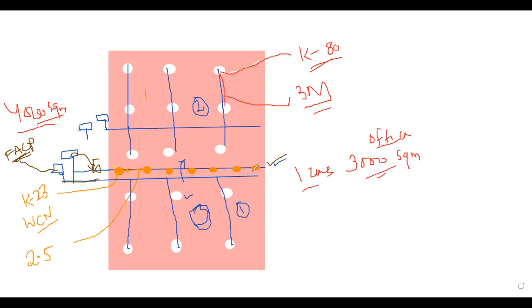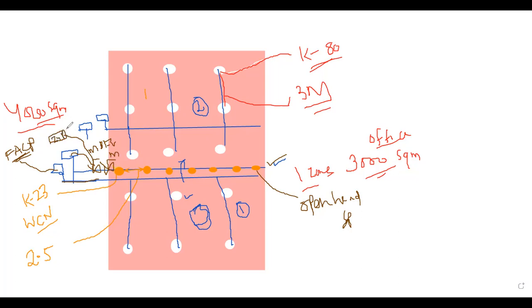This is an open head sprinkler, and you require a manual butterfly valve to control it. This is manual and this is motorized, and this requires a 24-volt power supply.